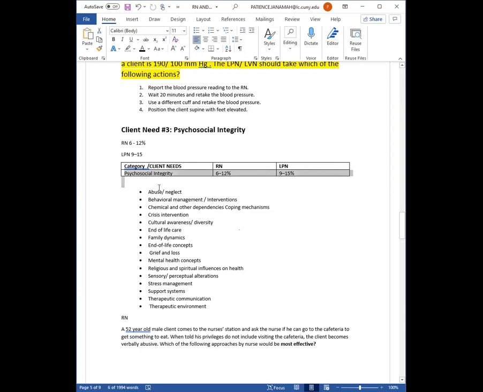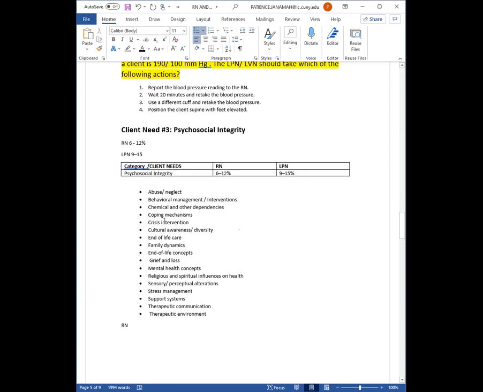And under this psychosocial integrity, yeah, I was mentioning client need number 3, psychosocial integrity. So under this one, we have abuse and neglect. We have behavioral management or interventions, chemical and other substance dependence. We have coping mechanisms, crisis intervention, cultural awareness or diversity.